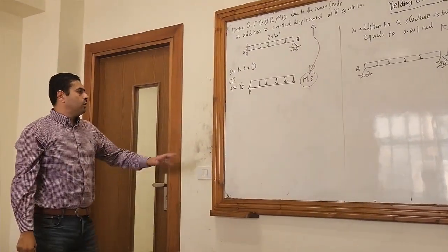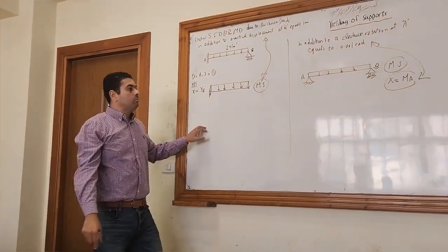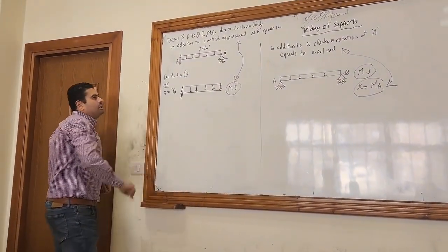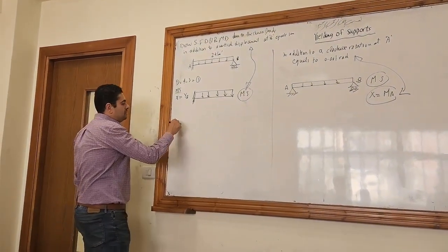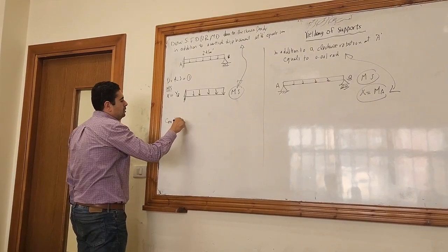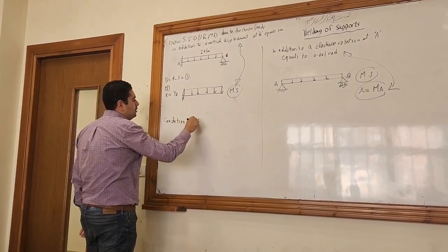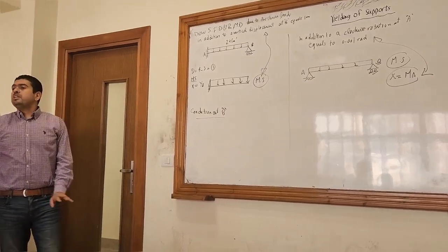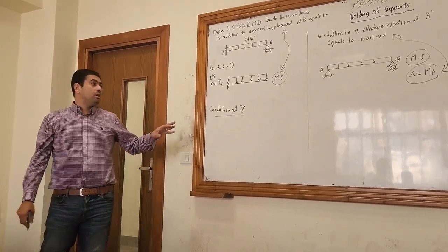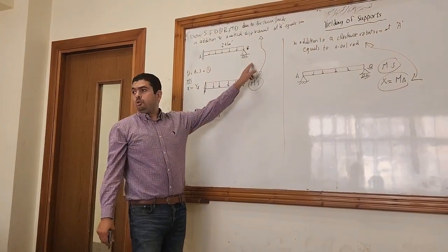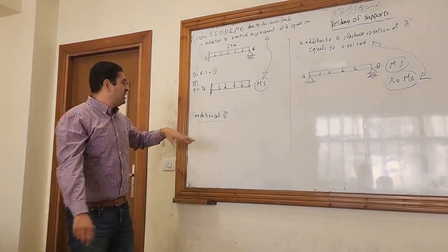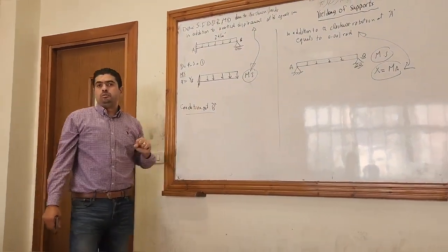Okay. What will be the condition here? And what will be the condition there? The condition at B: if there wasn't any displacement that happened, any yielding support, B is a roller support, so it can't move vertically, so delta B equals 0.